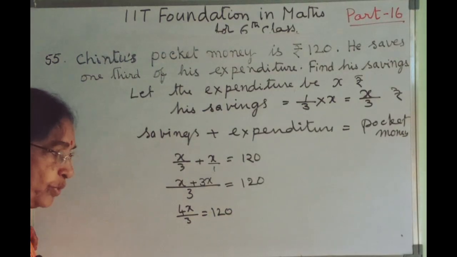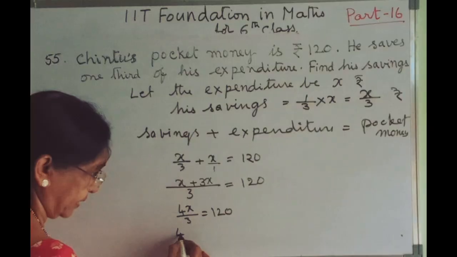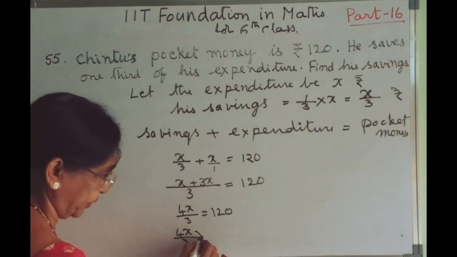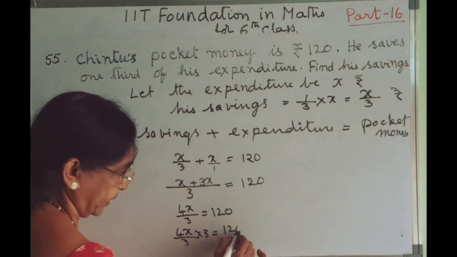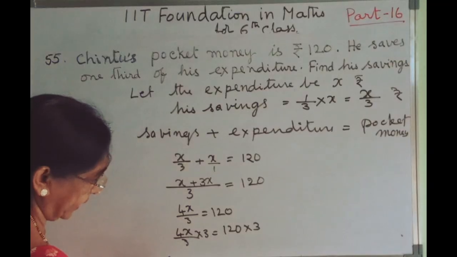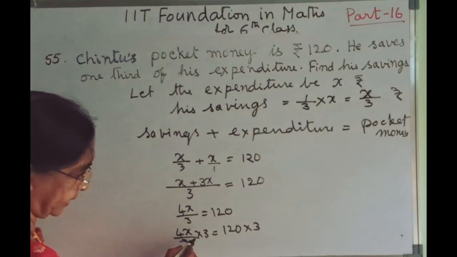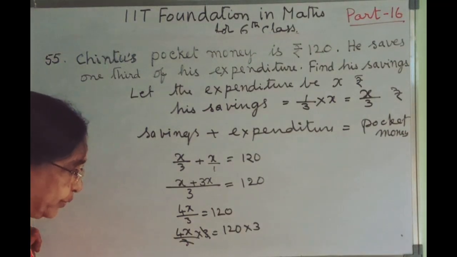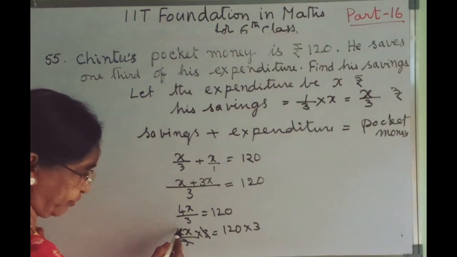Now multiplying both sides by 3, 4x by 3 into 3 is equal to 120 into 3. Here 3 gets cancelled. Now divide both sides by 4.